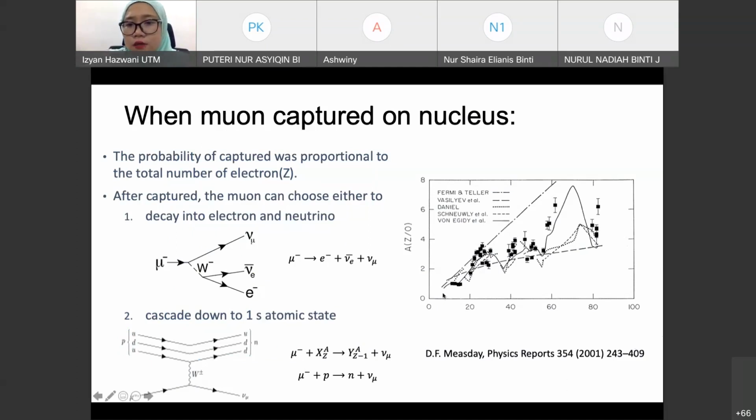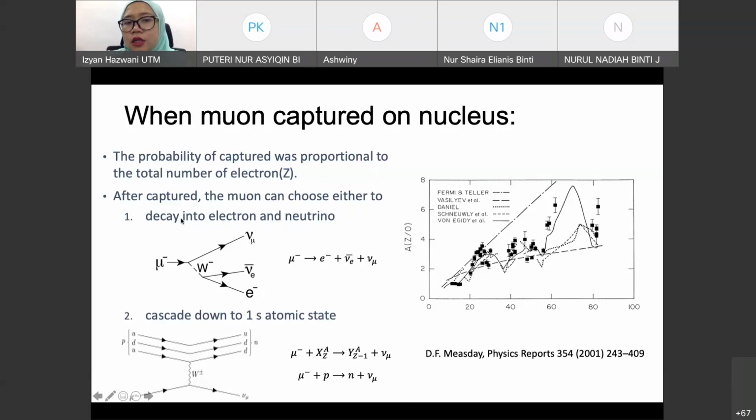As you see in the figure on the right, coming from the physics report, as the Z number increases, the probability of muon capture on that particular nucleus becomes bigger.